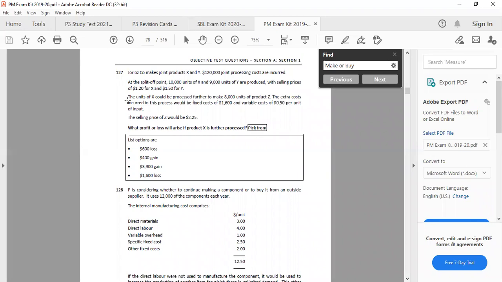Question number 127. Zorio's company makes joint products X and Y. 120,000 joint processing costs are incurred.